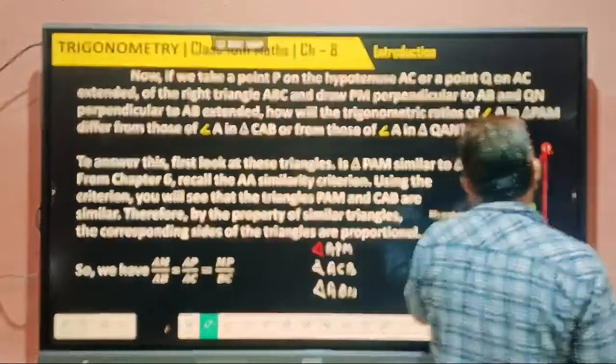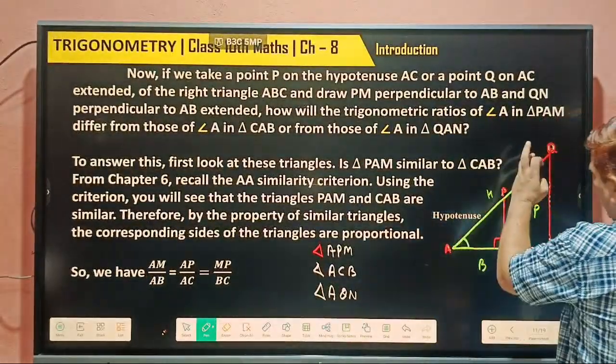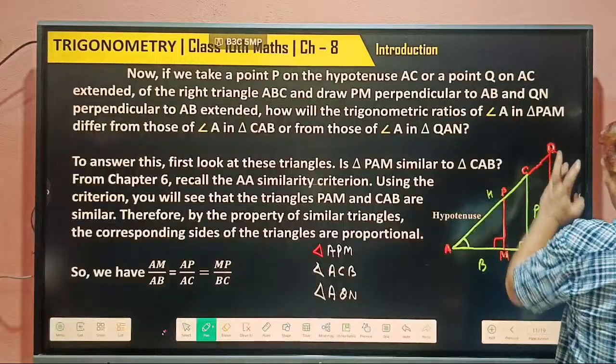First we have taken triangle APM, then we have taken triangle ACB, then we have taken AQN.